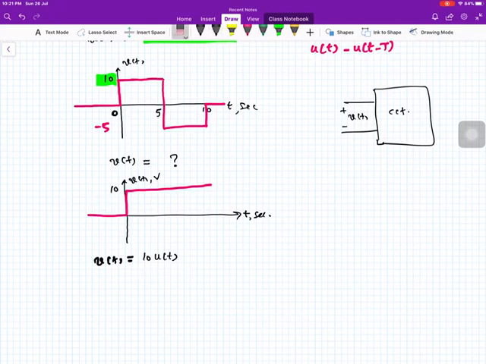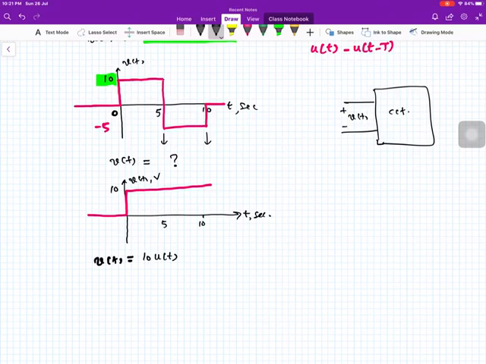Now if I have another step function, this is 5 corresponding to this, and this time is 10 seconds corresponding to that.